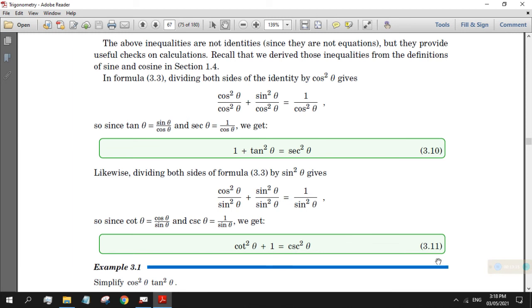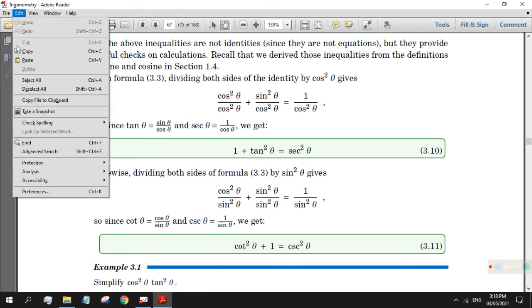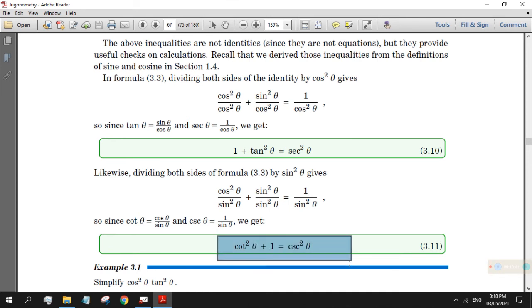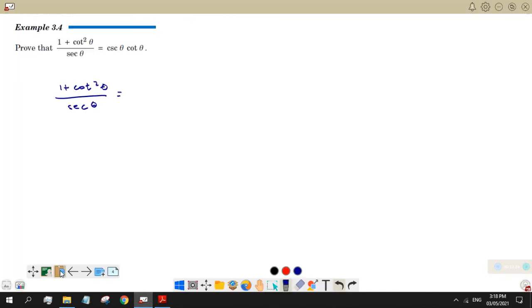It is equal to cosecant squared theta. Okay? So, para hindi ako lagi nagsusulat, lagay natin yung cheat sheet natin dito. So, we can simply write this as cosecant squared theta over secant theta. Okay? Now, paano natin magagawang cosecant theta cotangent theta itong expression na to?